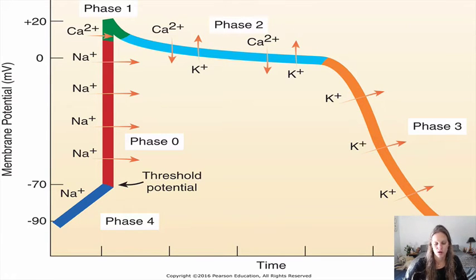The reason I want to show this to you right now is that 3 of our 4 classes of drugs are going to affect these channels. The first group we're going to talk about are the sodium channel blockers, which have their effect here, slowing depolarization.